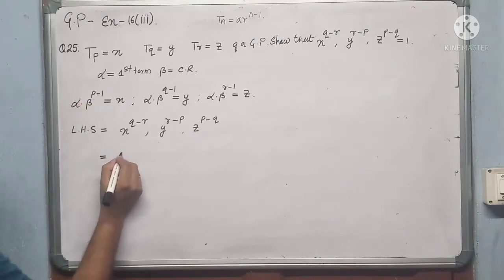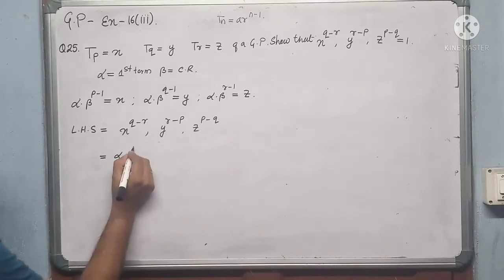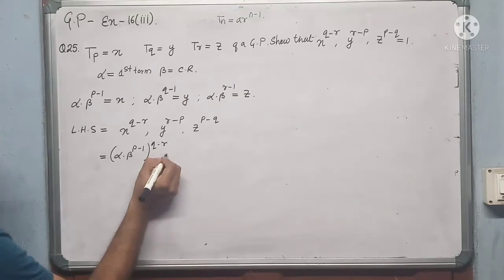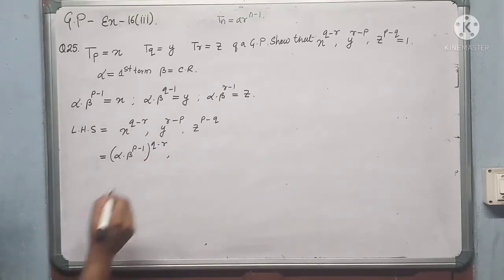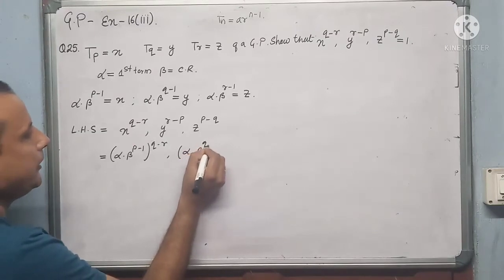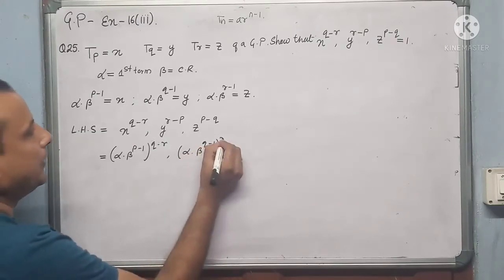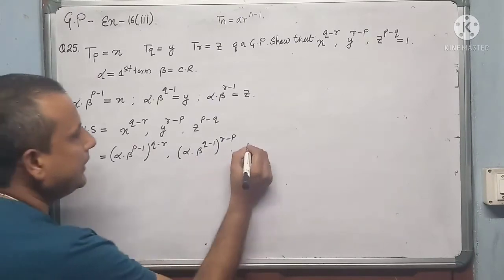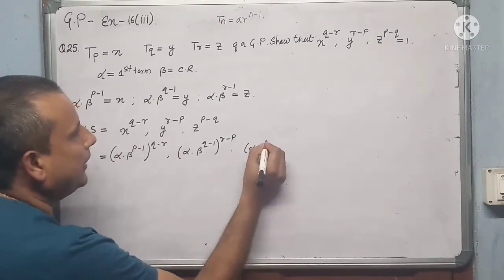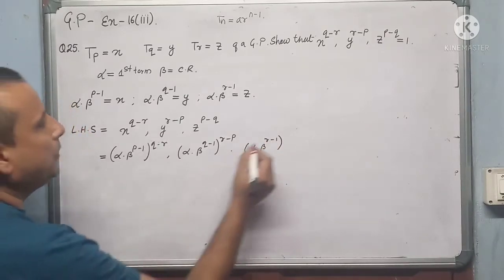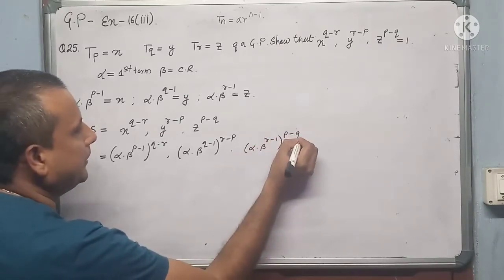So in place of x I'll write alpha into beta to the power p minus 1, whole to the power q minus r. Now I'll substitute the value of y: y is alpha into beta to the power q minus 1, whole to the power r minus p. Then I'll substitute the value of z: z is alpha into beta to the power r minus 1, whole to the power p minus q.